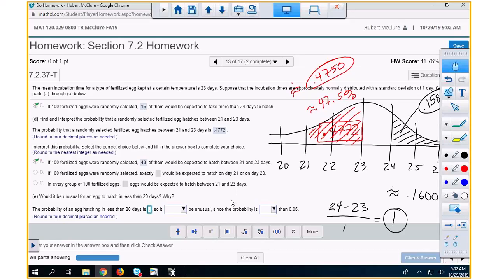Wake up. What is it? Shouldn't take that long. I got 0.0013. That's good. 0.0013.